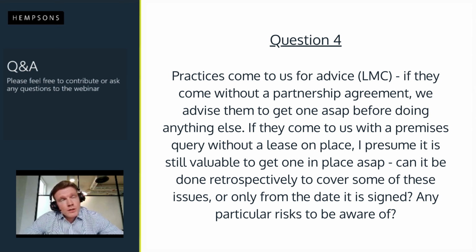I suppose you could say that the process of trying to get a lease in place retrospectively can lead to negotiations about what is actually agreed and what the terms of this occupation are, which itself can lead to issues if there have been misunderstandings about the basis of your occupation. So I would tread cautiously if there are any potential misunderstandings between landlord and tenant in terms of what the basis for the occupation is.